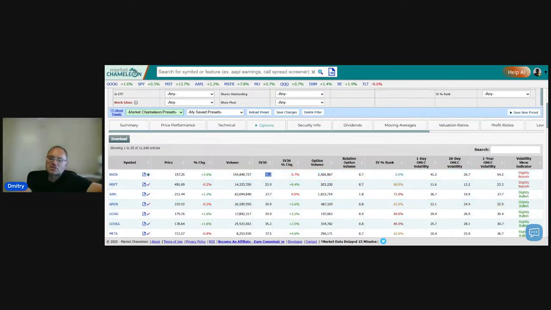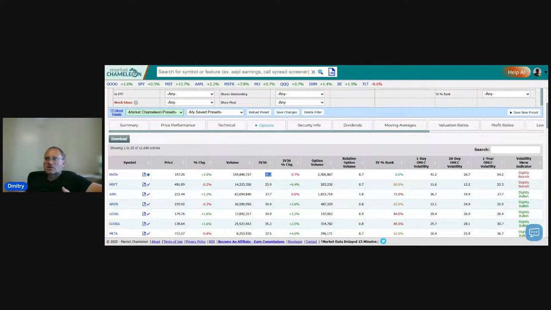So the implied volatilities of different stocks are different, and for that particular stock, is it high or low? For NVIDIA, is it high or low? And how do we measure their different metrics?